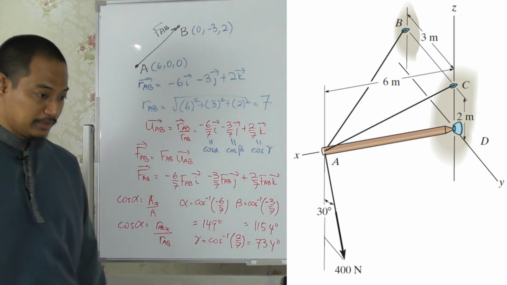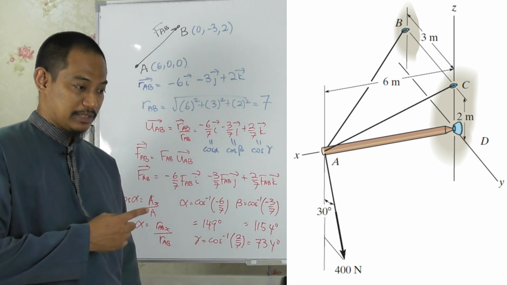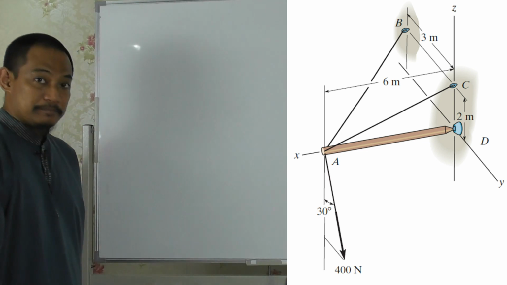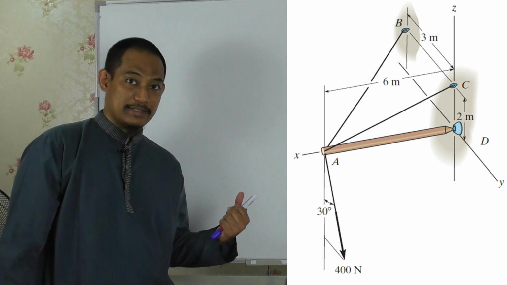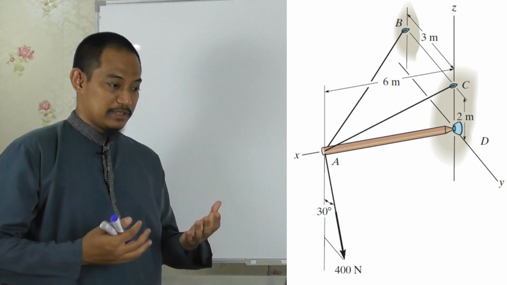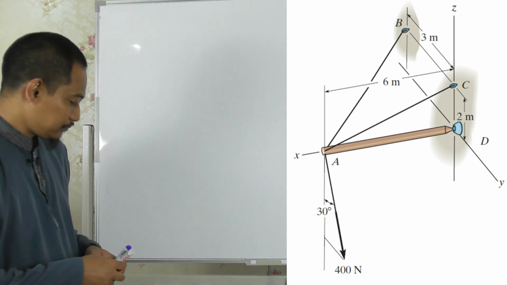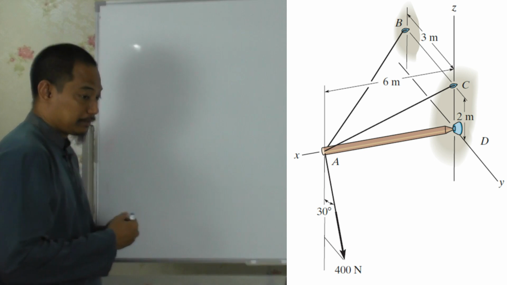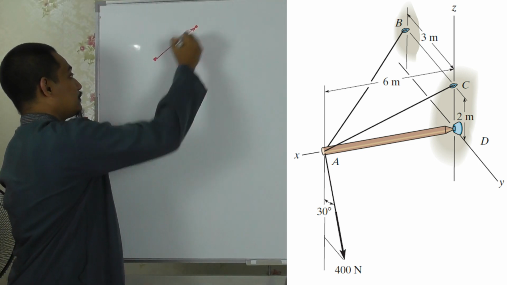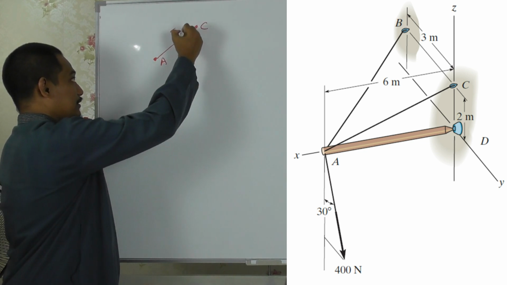Now we go to part B, where we'll deal with the force in cable AC based on that diagram. Consider the cable AC there. Express it in Cartesian vector form. The two coordinates that we need to consider are A and C, so this will be FAC.